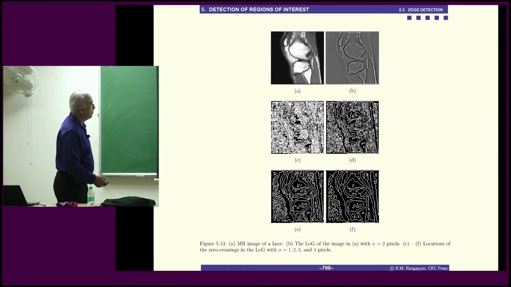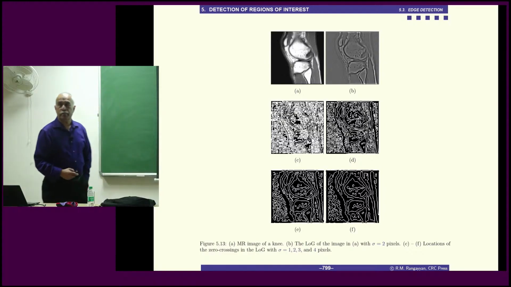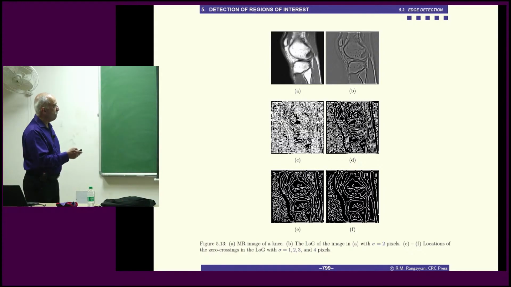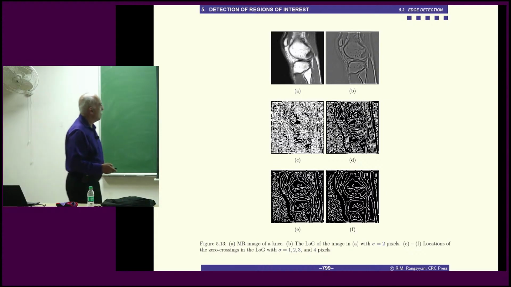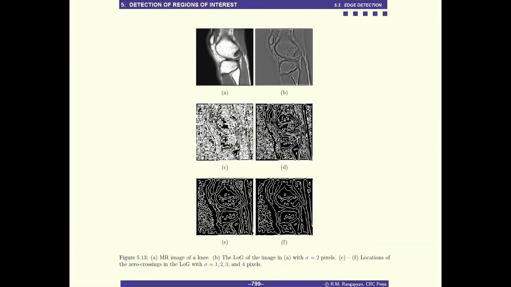The same here. All this noise disappears with sigma going 1, 2, 3, 4. You see all of these small things? They show up here, but they don't show up there. Some of them are here, the large ones, but the small ones go away.